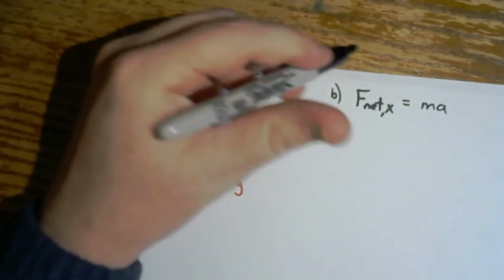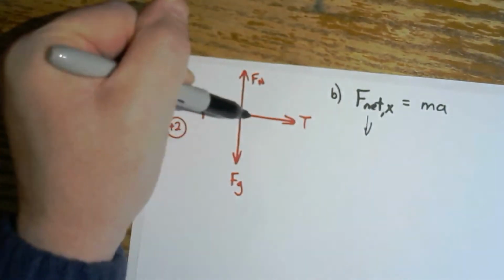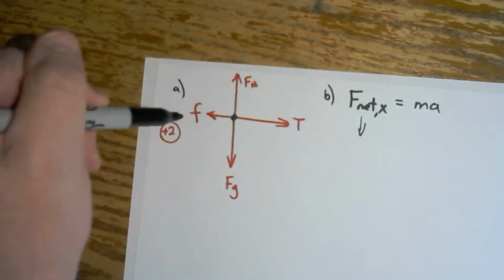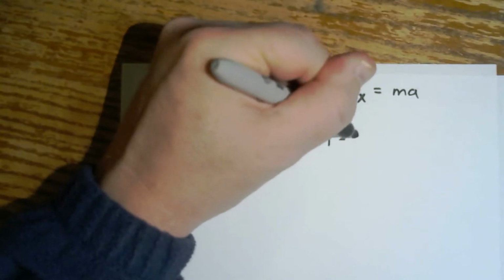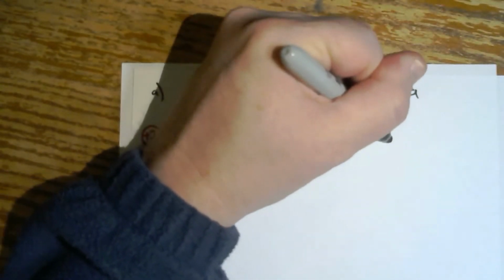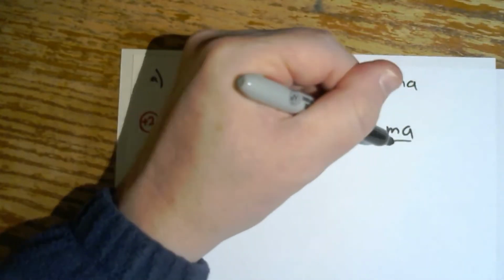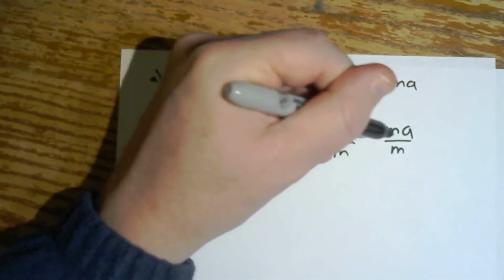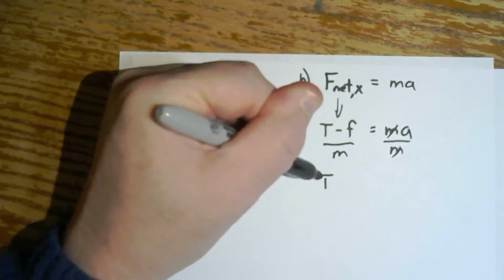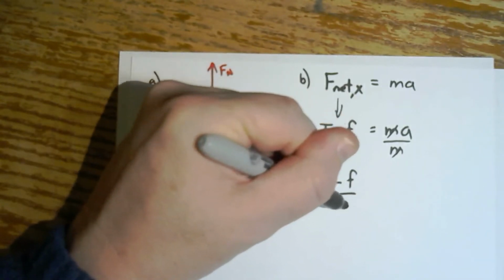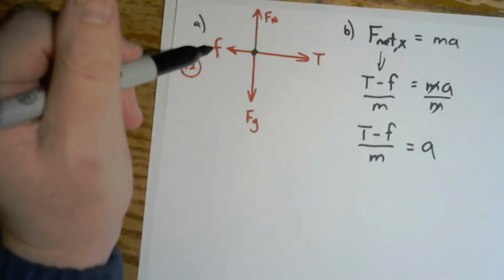In this case, the net force is the difference between the tension and the friction. So our net force will be tension minus friction is equal to ma. To find a, I just need to divide by the mass. So we have tension minus friction divided by the mass, and that equals the acceleration.